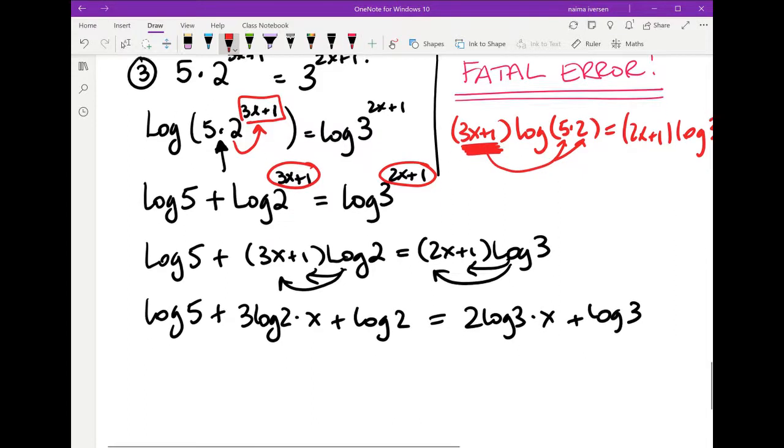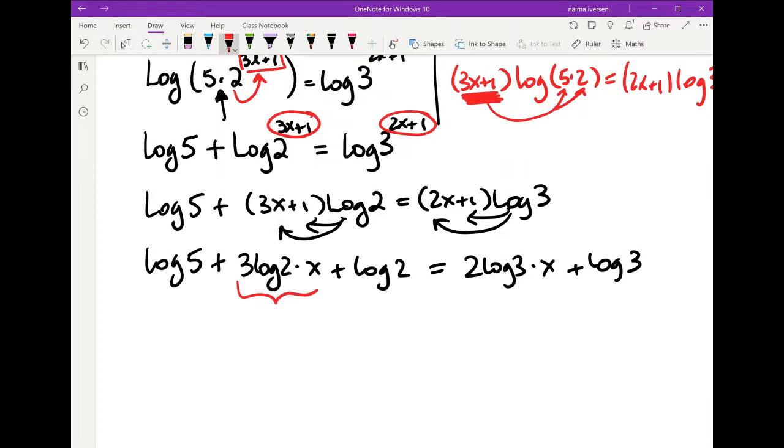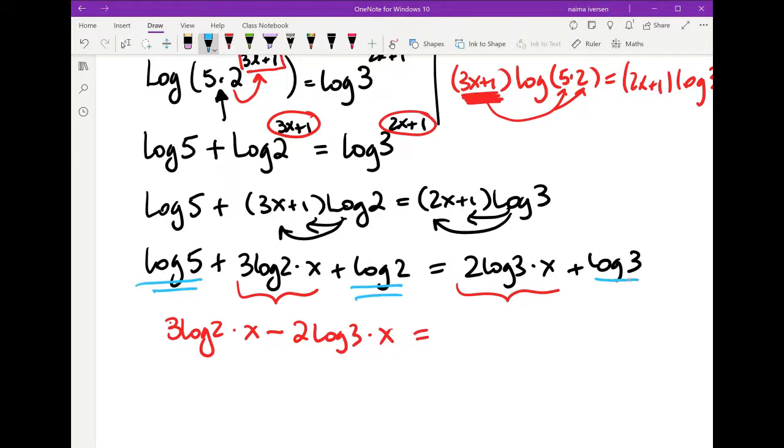Remember, we are trying to collect all of your values for x. There they are. Bring them over to one side. Bring everything else over to the other side. So we have 3 log of 2 times x minus 2 log of 3 times x. That's one side. And then I got to get this guy and this guy over on the other side. We've got log of 3 minus log of 2 minus log of 5.